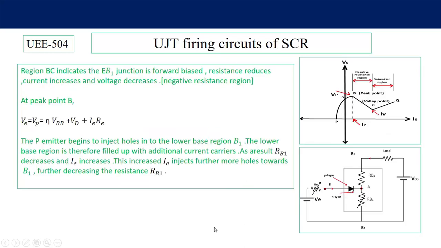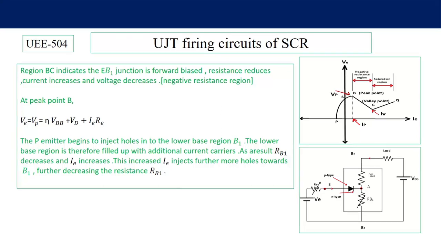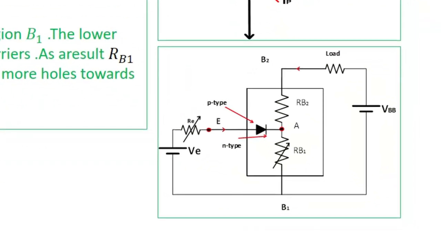Now, how much voltage must be there across VB to turn on the UJT? You can see the circuit VE, RE, diode, RB1. The emitter voltage equals the voltage drop across the resistance RE, plus the voltage drop across the diode, plus the voltage drop across RB1.